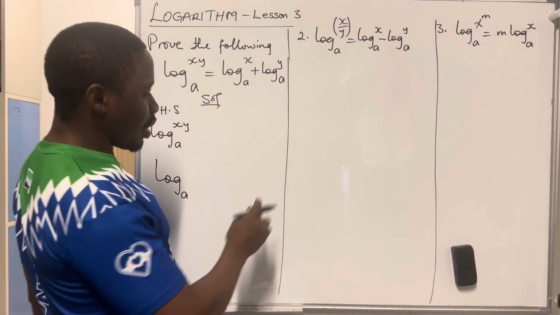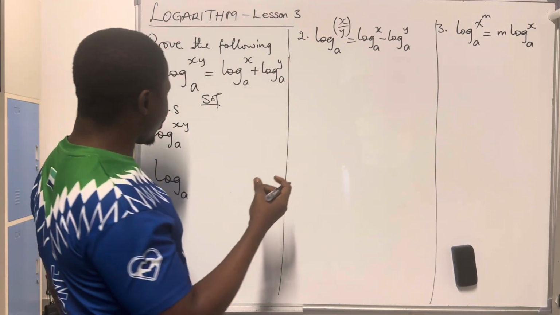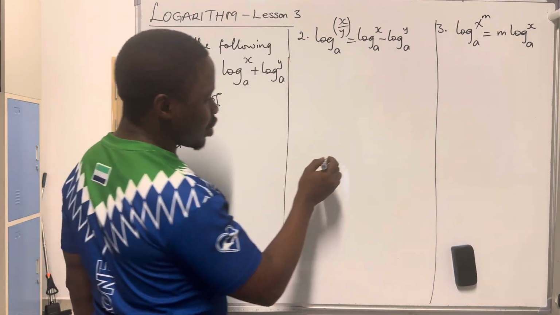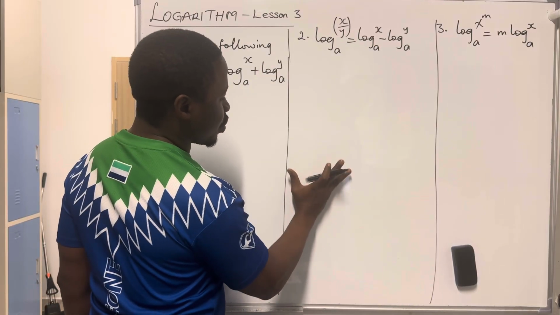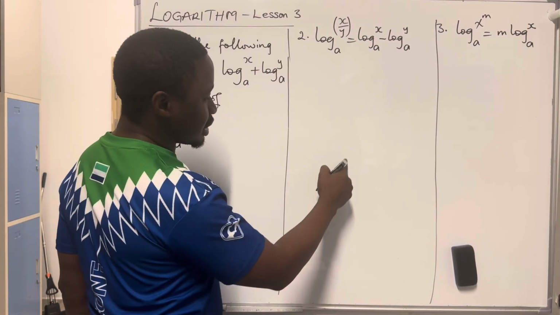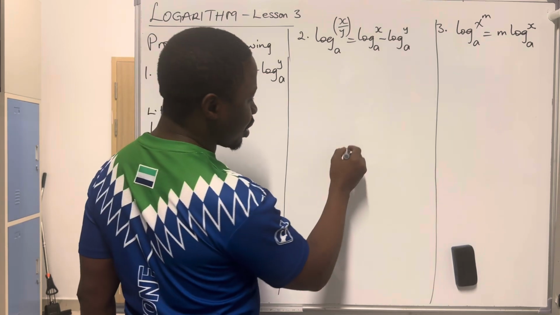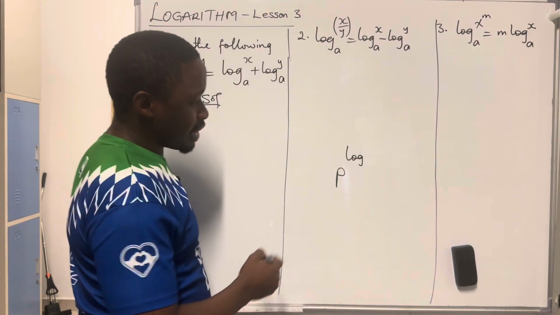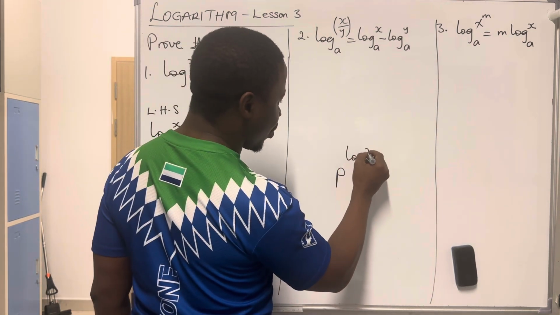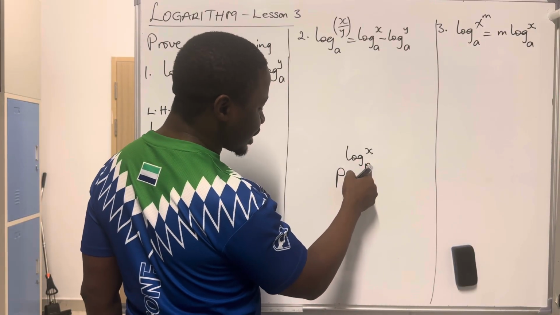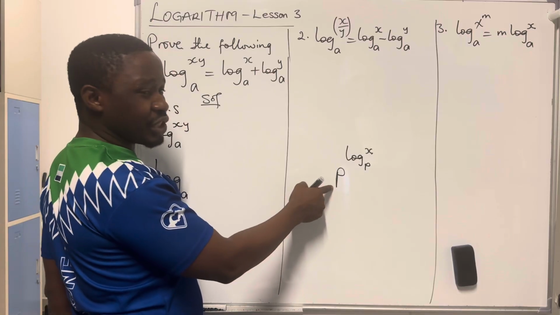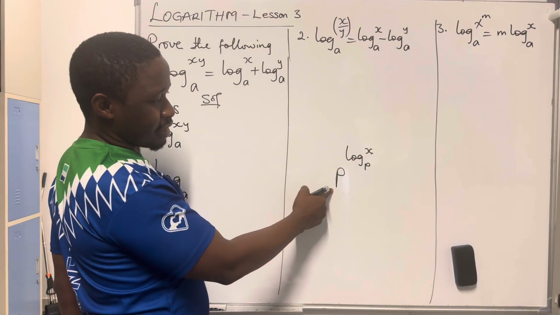We have a particular law in logarithm that says whenever a number is raised to a power, but the power is a log, this log has a number and this log has a base, but the base is the same as the original base here.